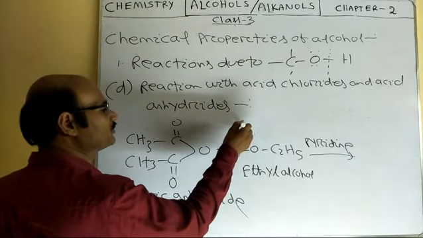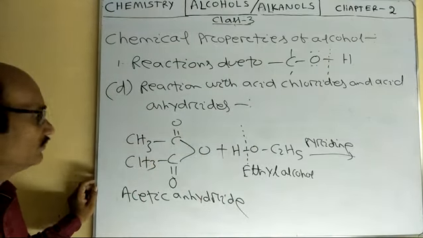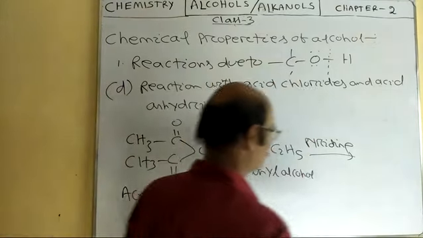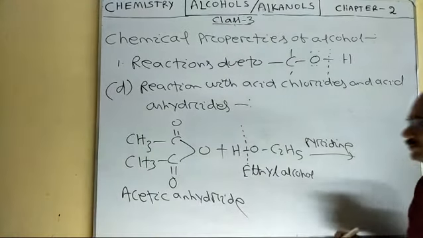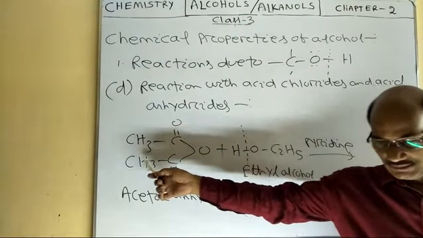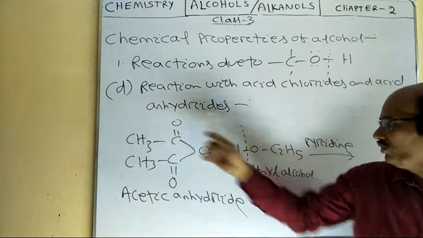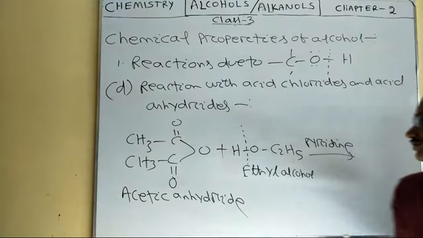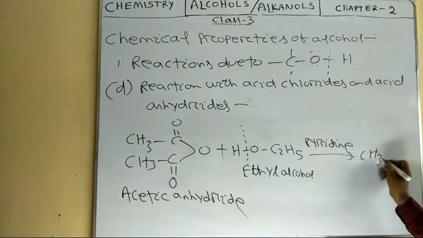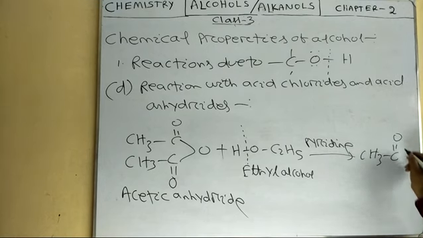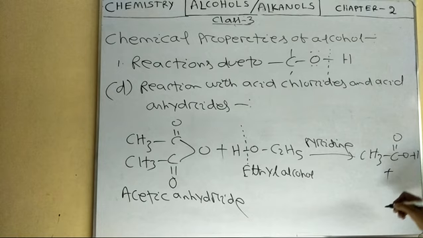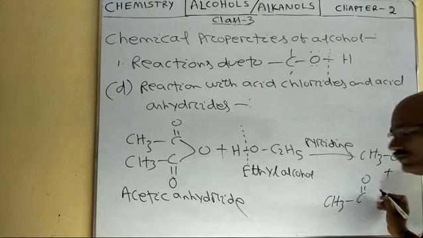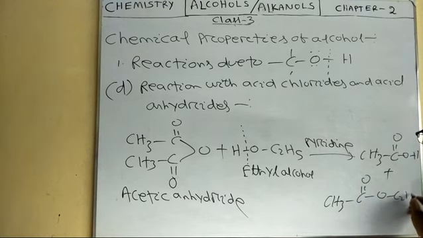Now, OH bond breaking. So we get CH3-C double bond O-OH, acetic acid, plus CH3-C double bond O-OC2H5, ethyl acetate.